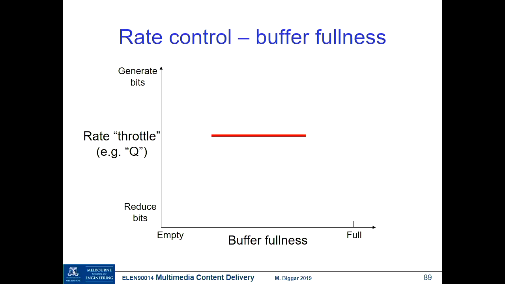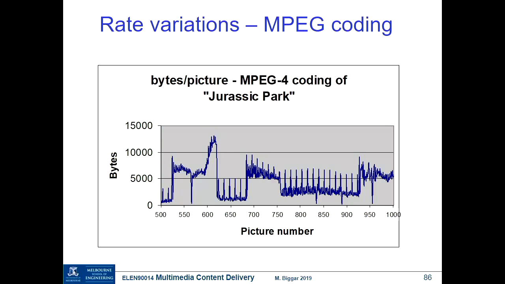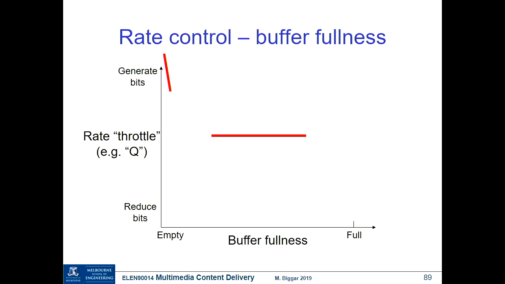But if the buffer was almost empty, because there was a period in the video where only a very low rate was generated for a while, then we would need to generate bits, not because the video demands it.